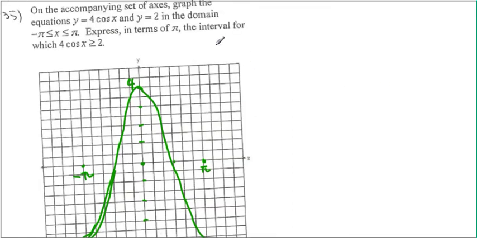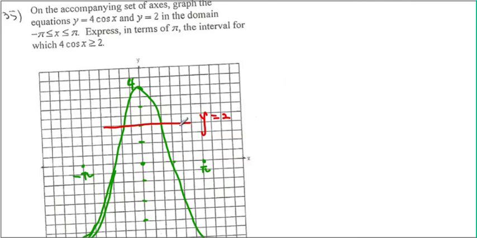Now, y equals 2, what does it mean by y equals 2? Then it's right over here. That's y equals 2. And we want to see where the graph is greater than 2. That means we are looking at this portion right over here. So in this case, we must find the interval.